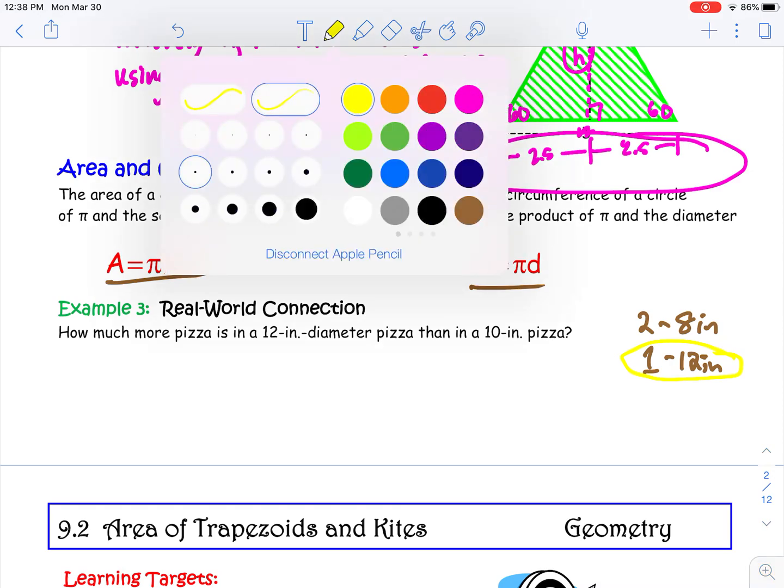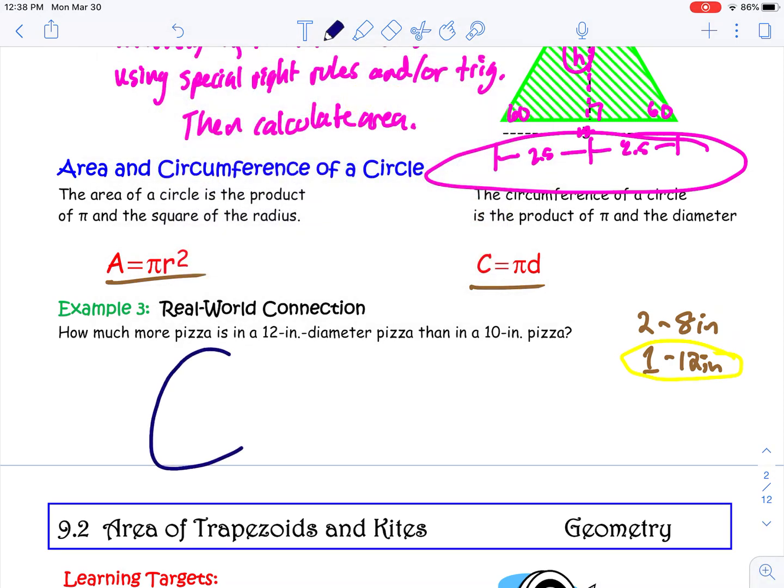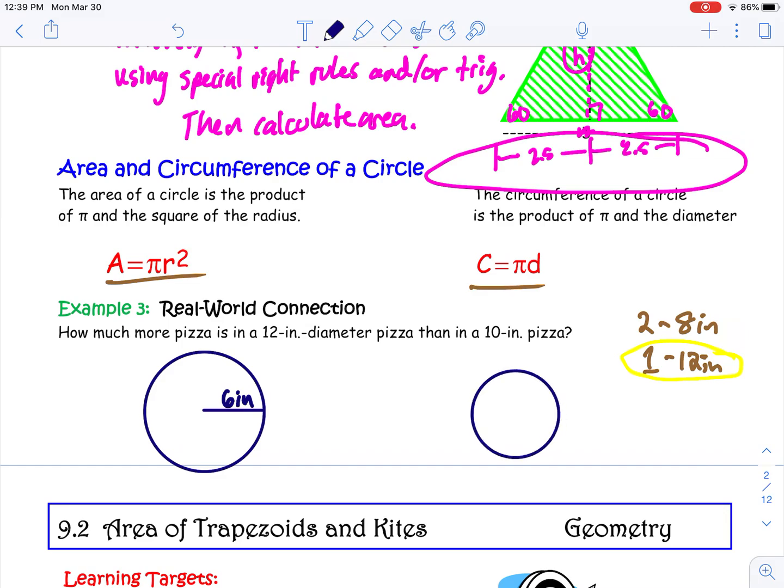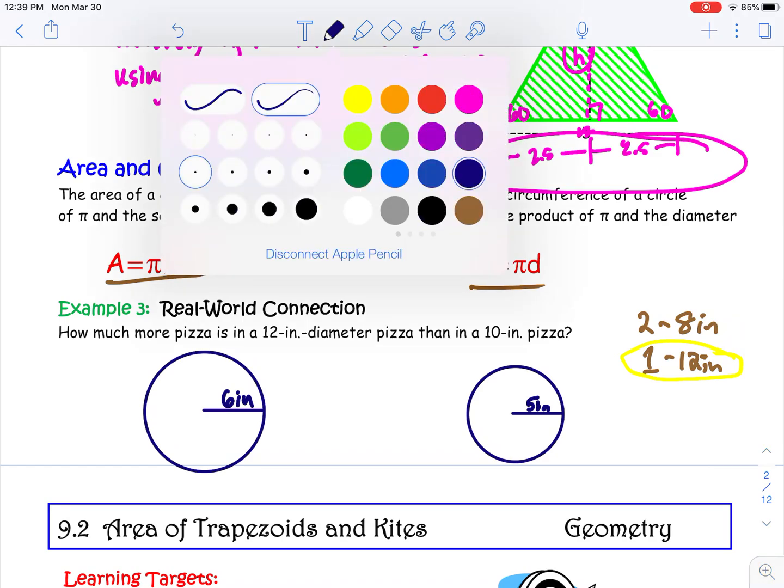So let's look at this problem. Again, we've got a 12-inch pizza in diameter, which means its radius from the center to the edge is going to be 6 inches. And we have a 10-inch pizza, which again, the radius to the edge of that would be 5 inches. Great. So if somebody asked you, what's the better deal for pizza, or how much better of a deal is it?